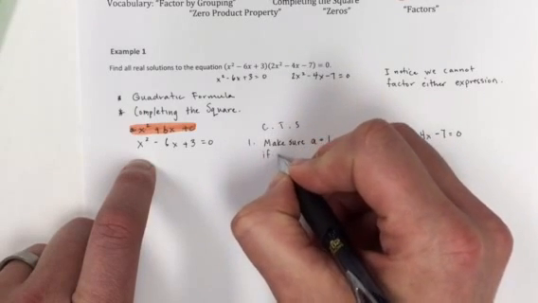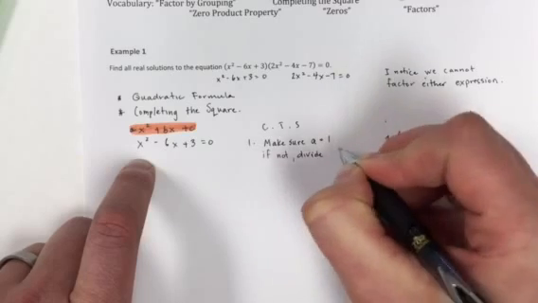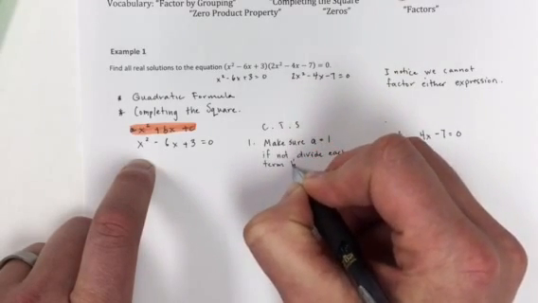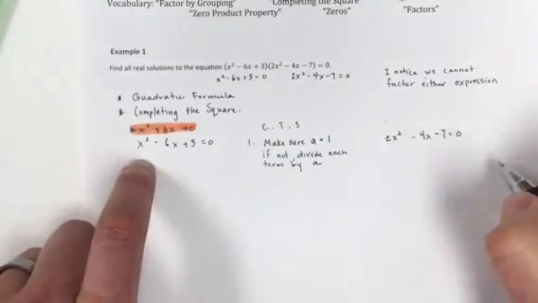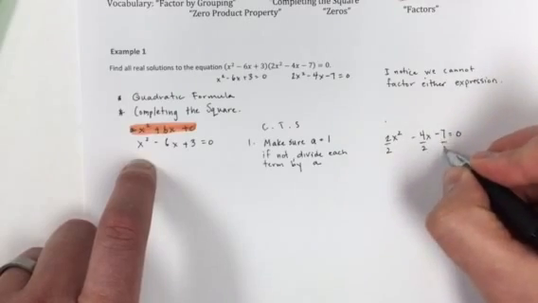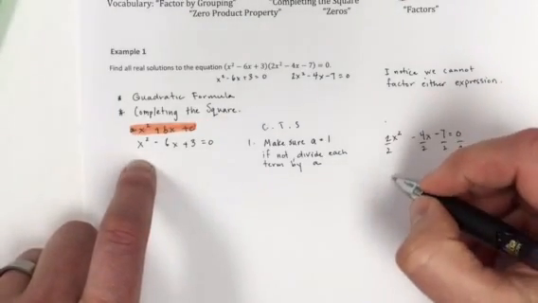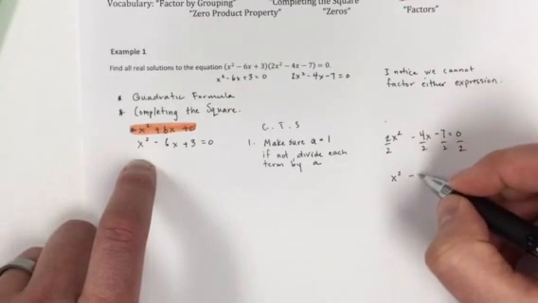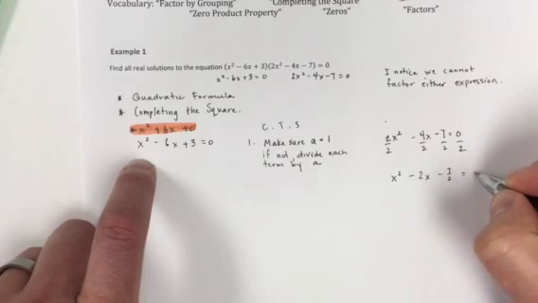So if not, we have to divide each term by the a value. I would divide each term by 2, leaving me with x squared minus 2x minus 7 halves equals 0.